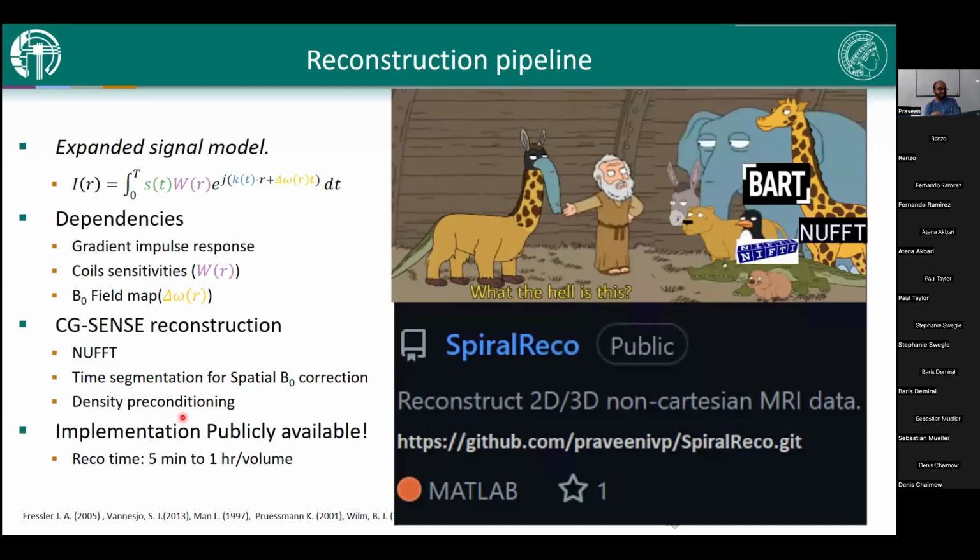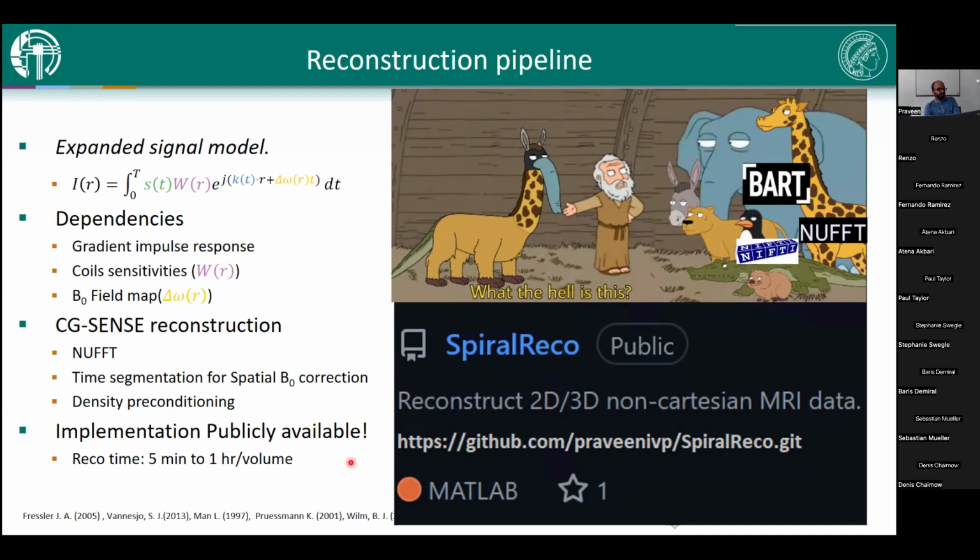I don't want to dig too much into the details of the reconstruction, but I just want to say it's publicly available. So if you have some issues, you can just see my implementation, which is a combination of various open source projects.